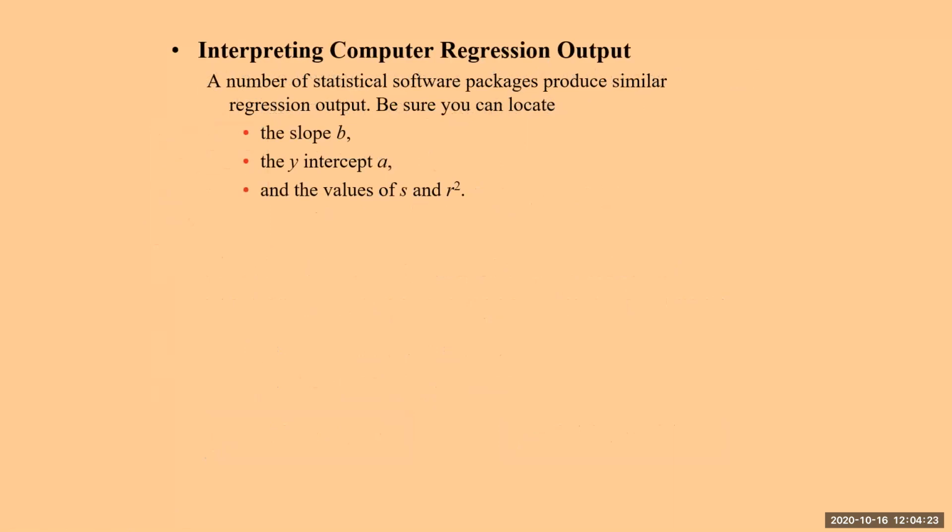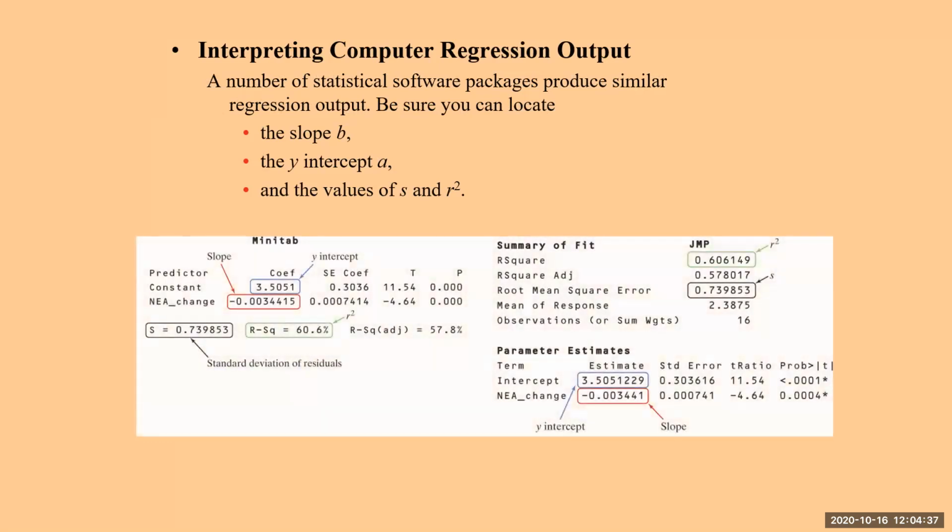So how do we interpret computer regression? Stats in the real world is all done on computers. So how do we interpret that computer output to find our slope, our y-intercept, and our S and R squared? Minitab is one popular one used in real world statistics, and here's what the output would look like.